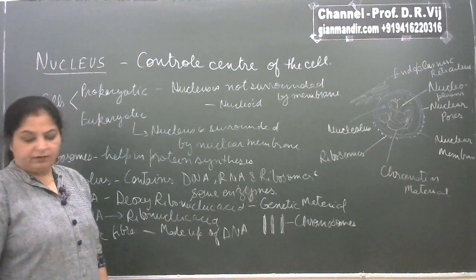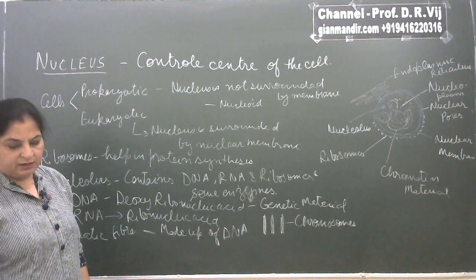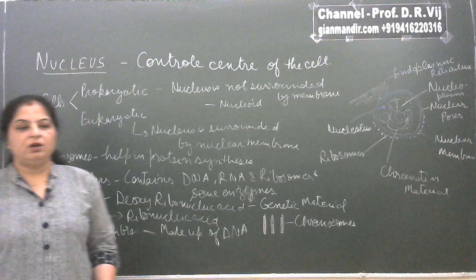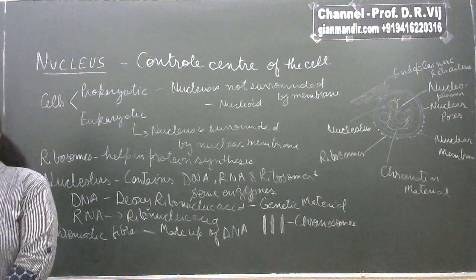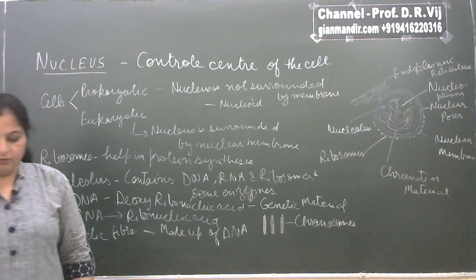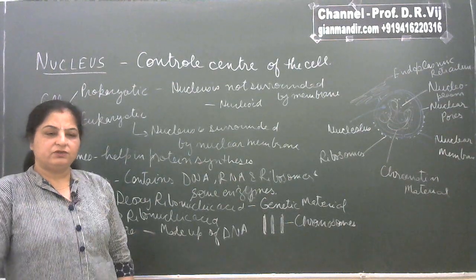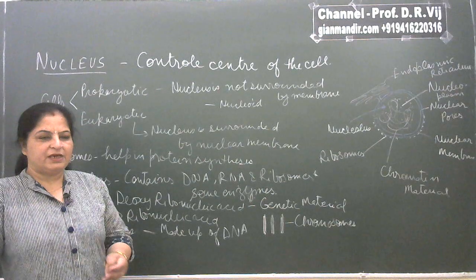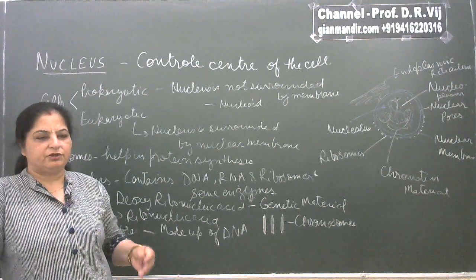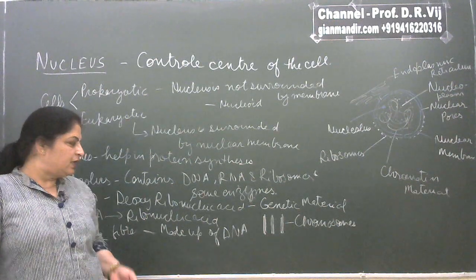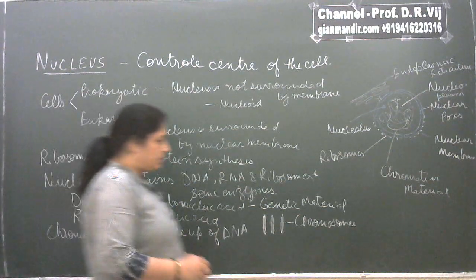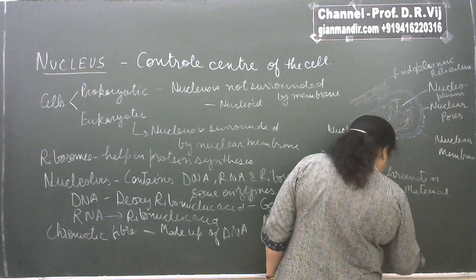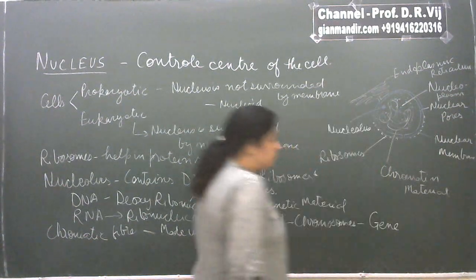So at the time of cell division, these DNAs or chromatin material rearrange to form long rod-like structures, and these are known as chromosomes. And if you look at the function of chromosomes, via DNA, the chromosomes carry information from one generation to another. And in every chromosome, there is an active center, and that active center is known as a gene.